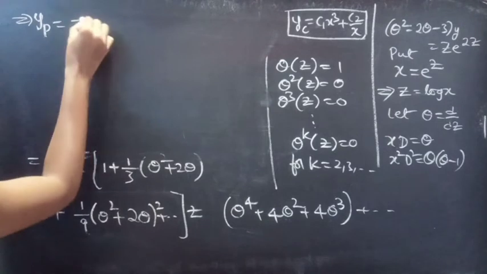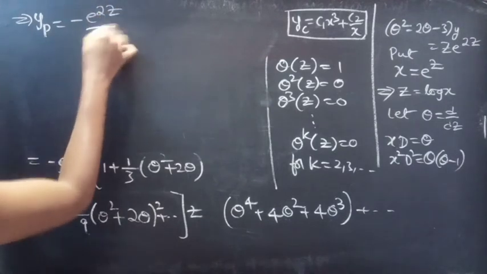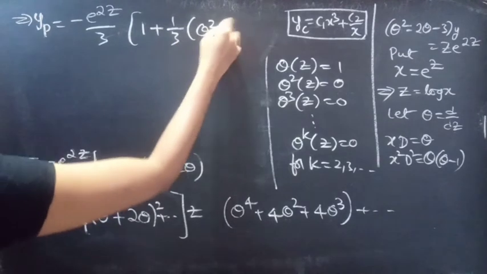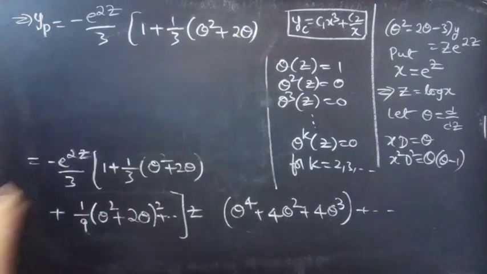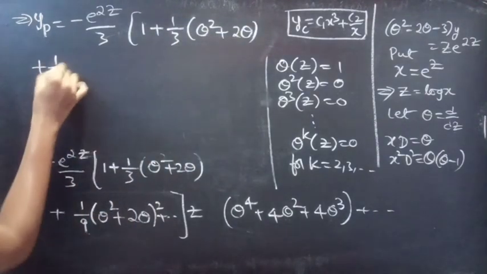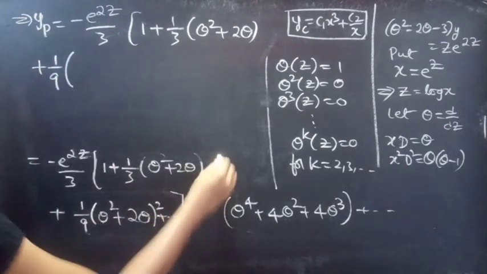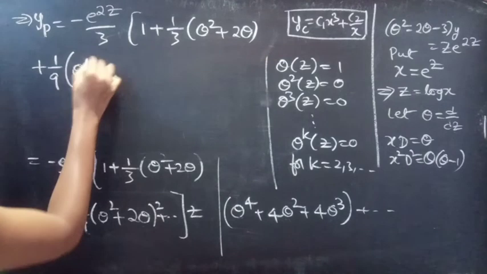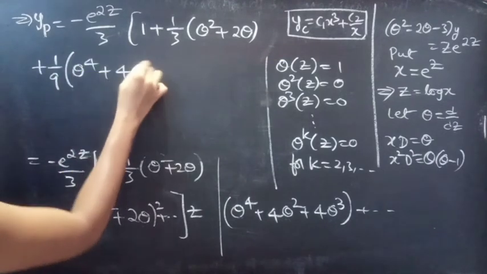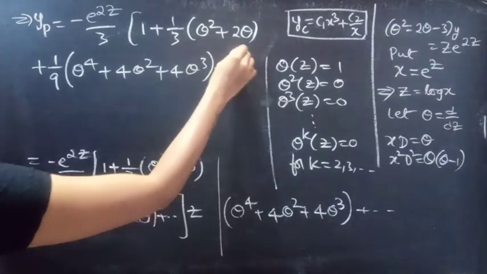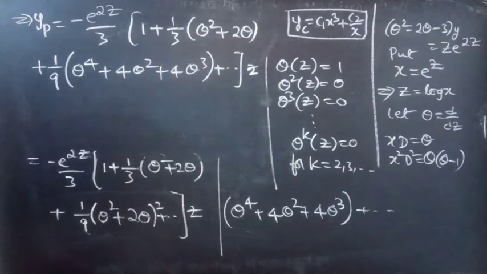This becomes minus e power 2z by 3 into 1 plus 1 by 3 into theta square plus 2 theta plus 1 by 9 into the expansion of theta square plus 2 theta whole square, which is theta power 4 plus 4 theta square plus 4 theta cube, plus so on, into z.